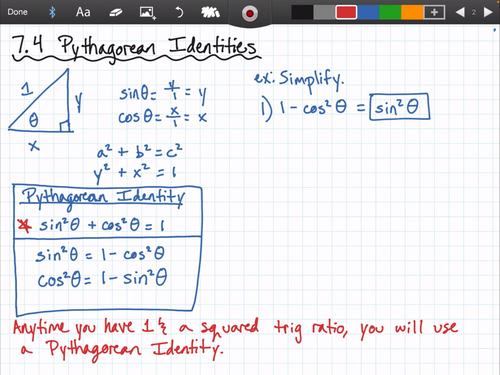So like 1 minus a squared trig, that's a nice little red flag for you right there to say, hey, use the Pythagorean identity. Take a look at that.